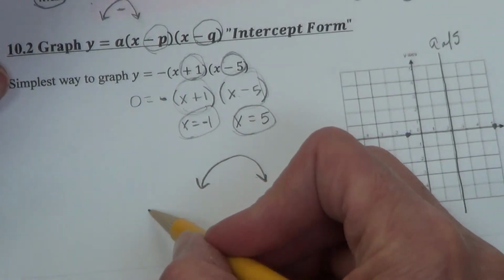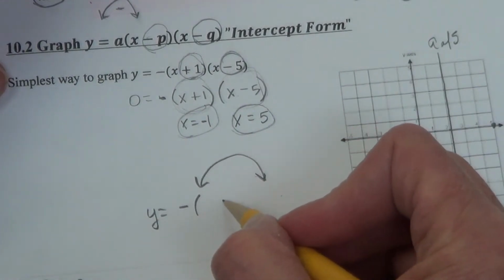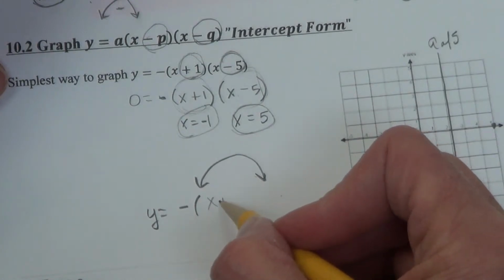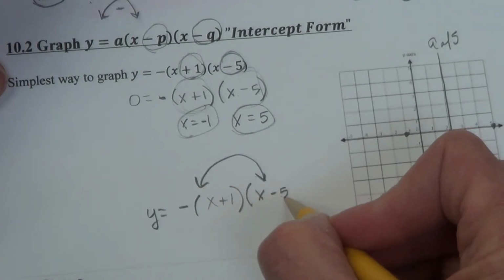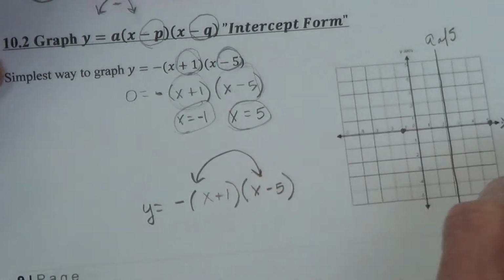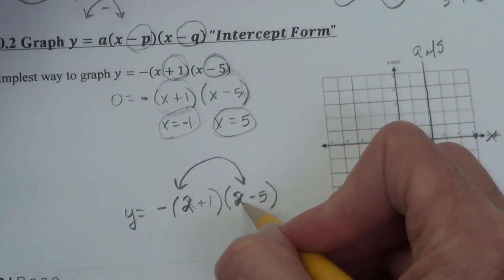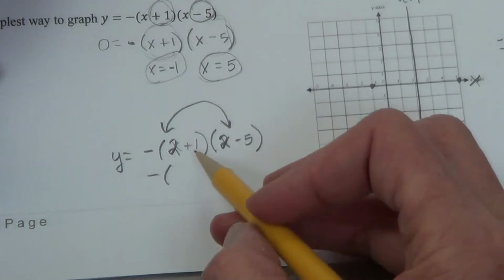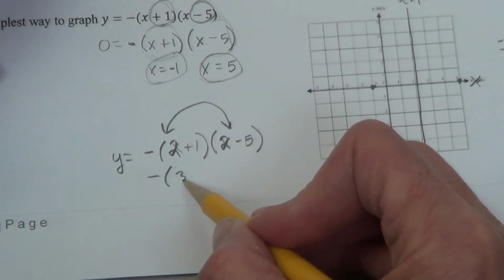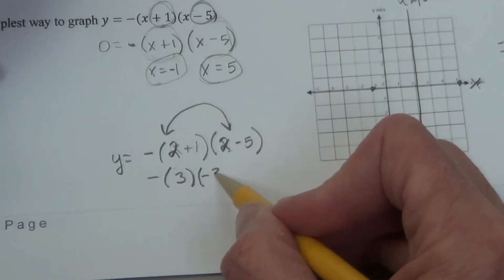So our equation was y equals negative x plus 1 and x minus 5. Now all we need to do is plug in that 2 for x. So we have a negative x plus 2 is 3. 2 minus 5 would be a -3.